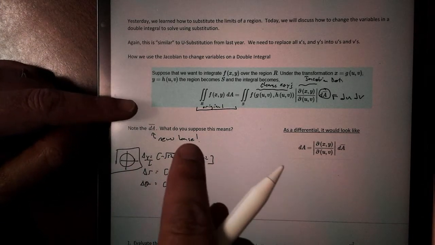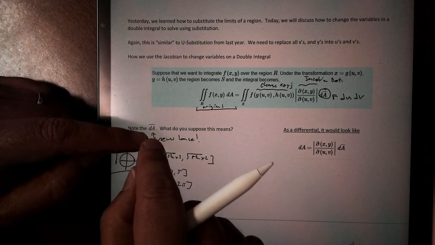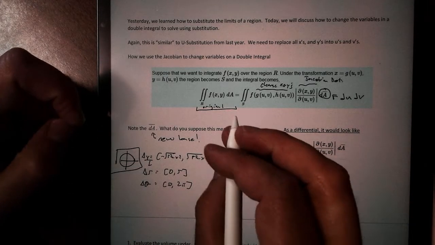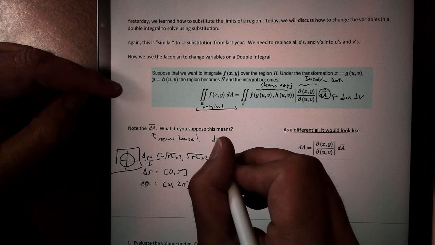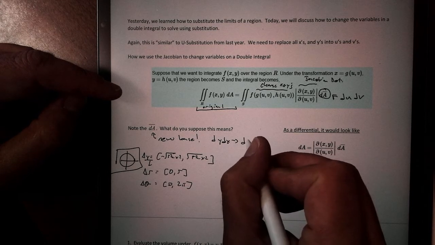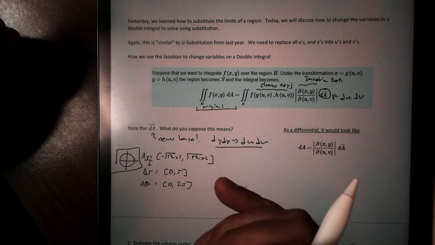But when we use our substitution, we're actually getting a new base. It's going to be a different shape, and we're going to see that again in a few minutes. So the new base, we're basically saying this dy dx is going to become our du dv. We're just changing the base. We're still in terms of u and v.